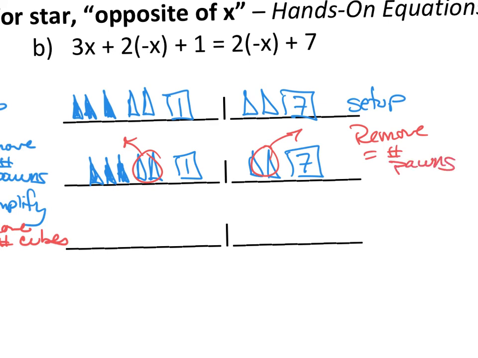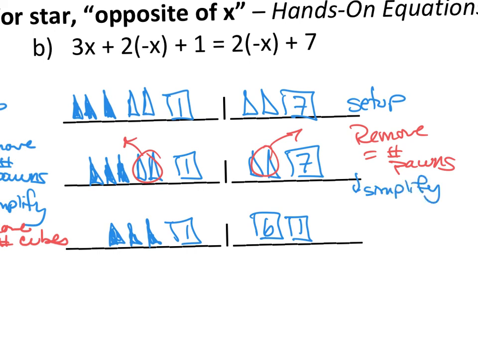When you do that on the left, you get 1, 2, 3 blue pawns and a 1. And on the right, you have 7. Let's go ahead and pull that apart to simplify and unsimplify that. Because then we're going to pull an equal number of cubes from both sides.